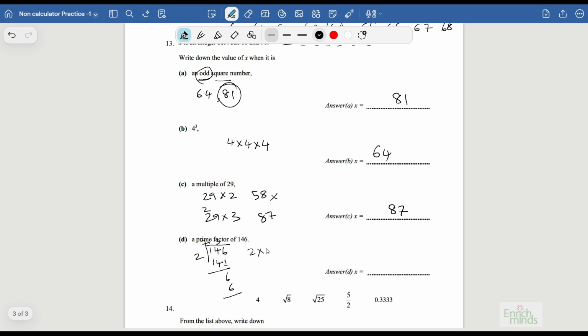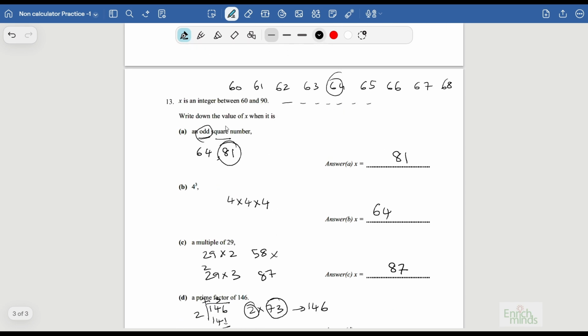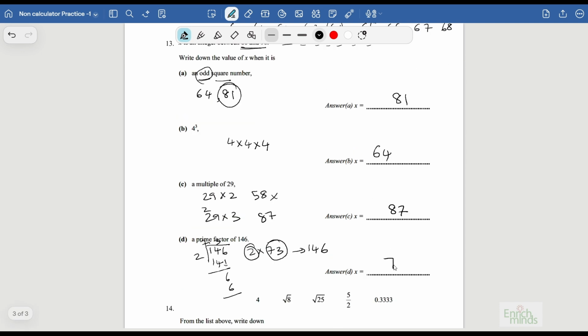So 2 times 73 gives me 146. 2 is a prime number. 73 is also a prime number. But 2 is not in the mentioned range of numbers. But 73 is between 60 and 90. So the answer here is 73.